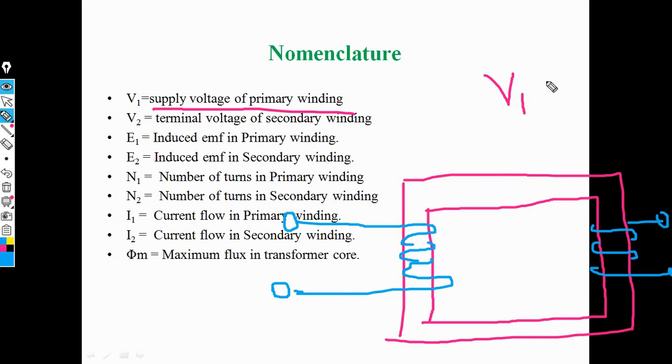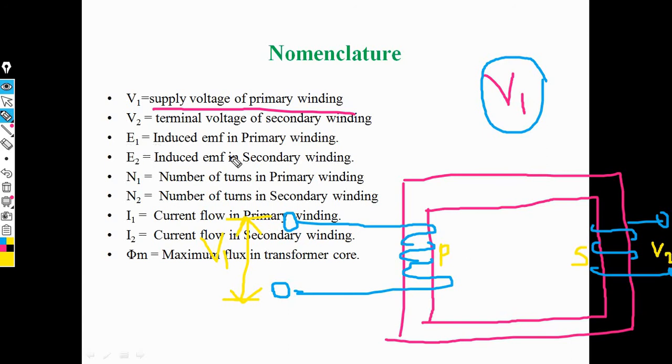Here V1 is the supply voltage of the primary winding, an AC voltage. Then V2 is the terminal voltage of the secondary winding.